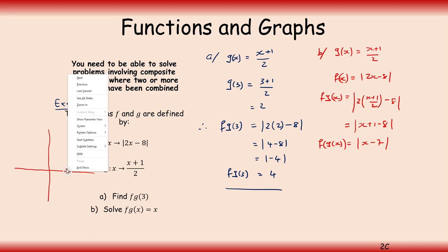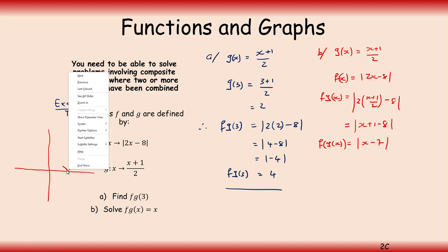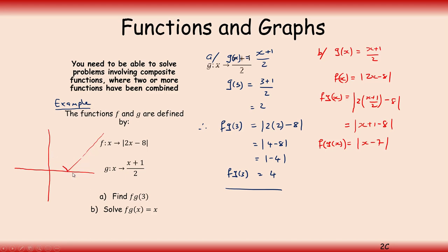The reflected part, let's try again, there we go, that's the reflected part. So that's my modulus, and I've got to equate it to x. So it's going to intersect here.